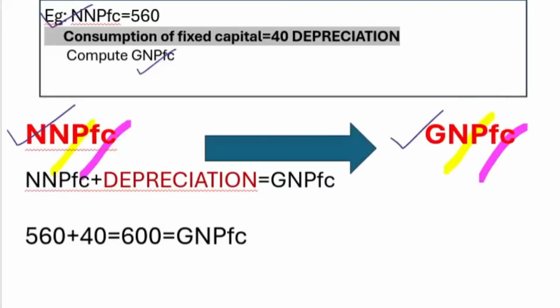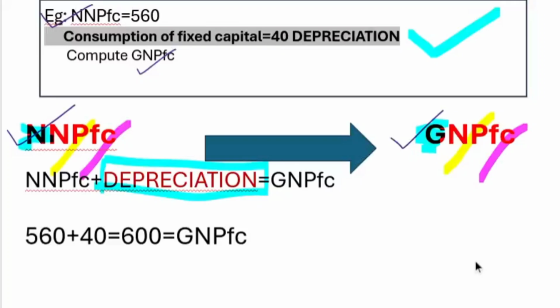We do have national product on both sides, we'll strike it off, and factor cost as well. So the only thing is we need to convert net to gross. For that, we know that the thing is depreciation. Consumption of fixed capital, if it is given, is just the same as depreciation. Do remember this. So we'll add depreciation and we'll arrive at 600. That is your GNPFC.